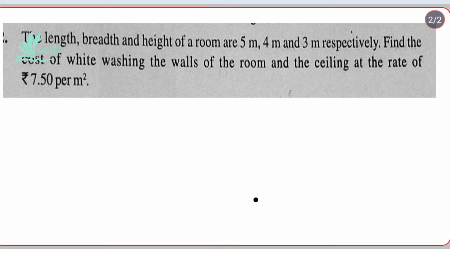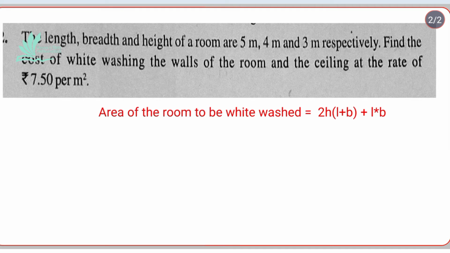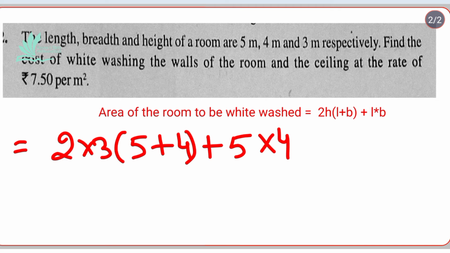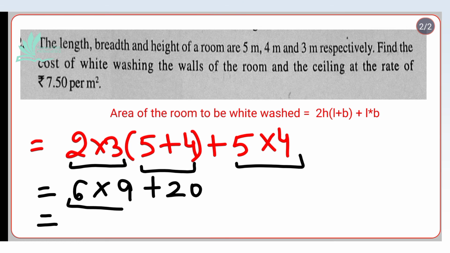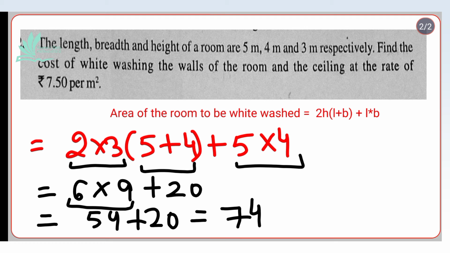Therefore, the floor will be removed from the total surface area of cuboid to get the desired answer. The same formula we used, and carefully put the values. Next step, use BODMAS to solve: 6 into 9 is 54, plus 20, and we got the area which we have to paint, 74 meter square.